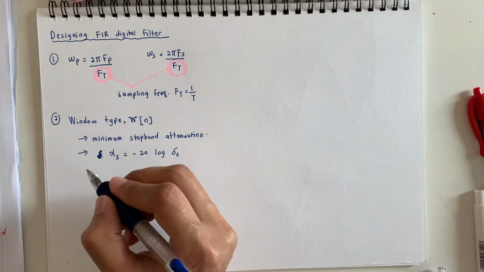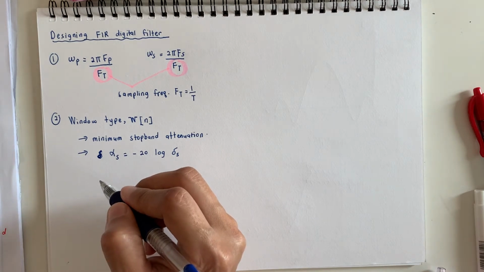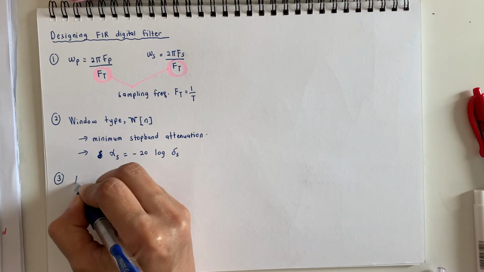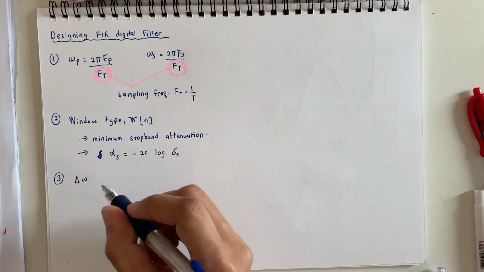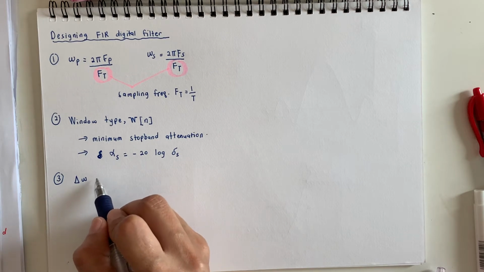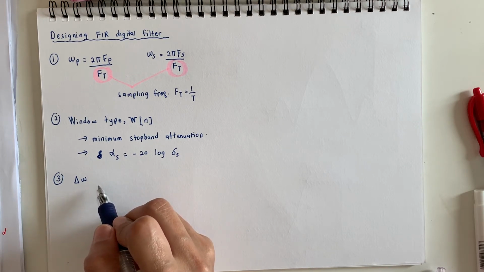Next, you need to determine your transition band value. Again, you can easily get the transition band value from your tolerance diagram.